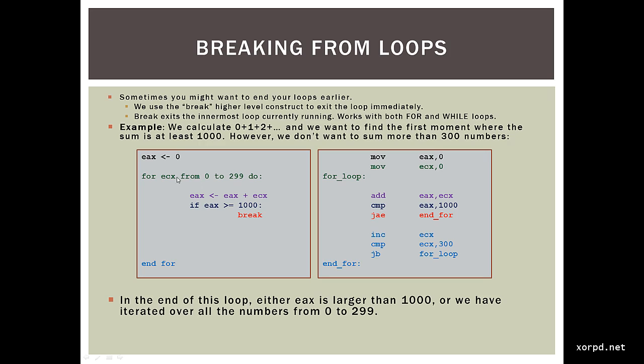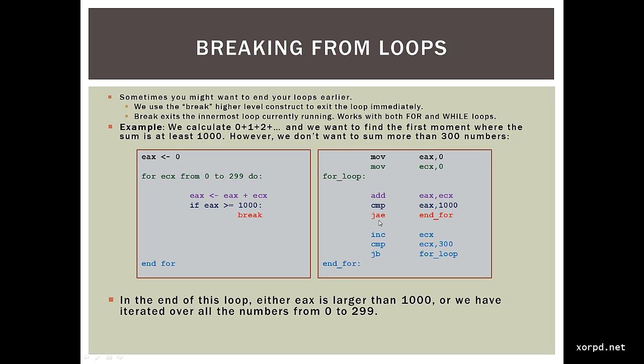For example, here we are iterating from 0 to 299, therefore we compare with 300, which is just 1 above 299. And then finally, there is this jump below, which is going to happen only if ECX is still smaller than 300. So this is a pretty much standard ending for the for loop.